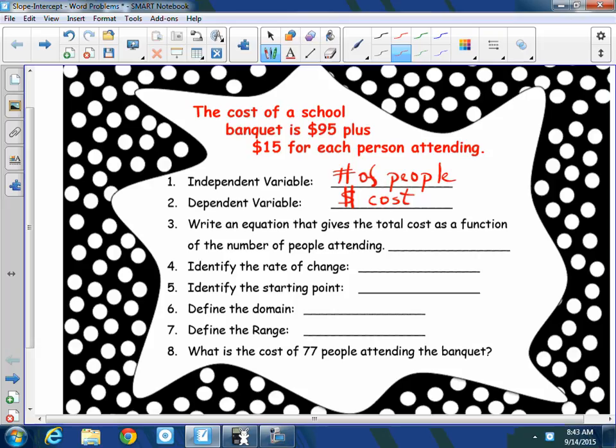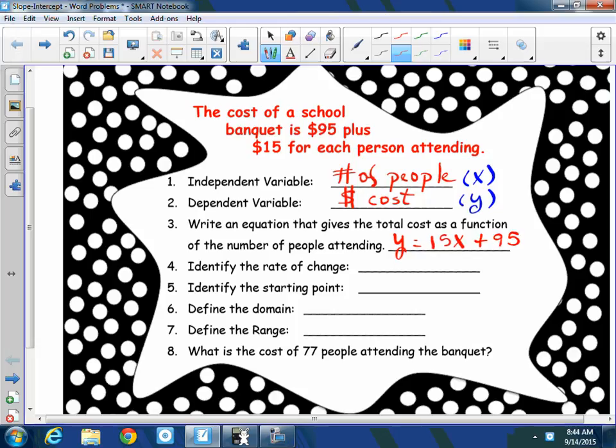Which is the number of people. So this would be your x. And the cost would be your y. Okay, write an equation that gives the total cost as a function of the number of people attending. So y equals 15x plus 95.